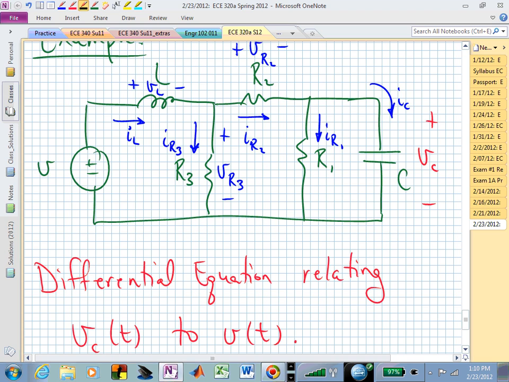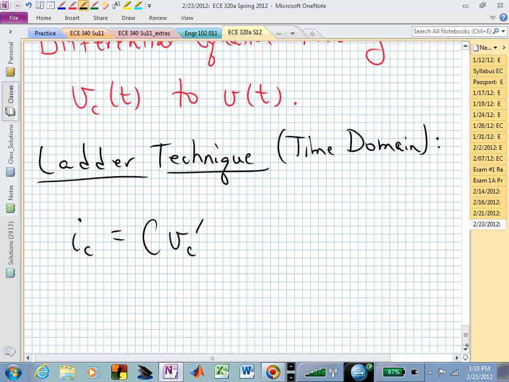I want to end up writing everything in terms of V sub C, my R's, L's, and C's, and the voltage source V. You can rewrite I sub R sub 1 in terms of V sub C. It's the same voltage drop as what's across the capacitor, so that I sub R sub 1 is just V sub C over R sub 1.